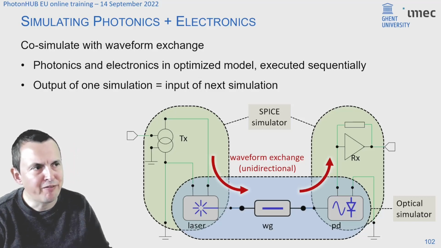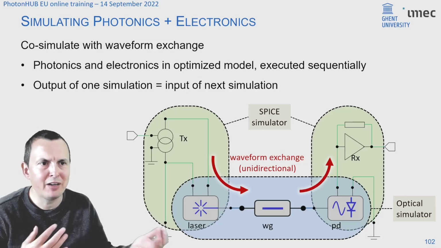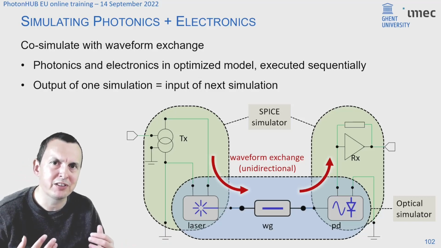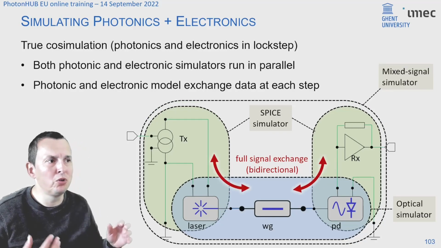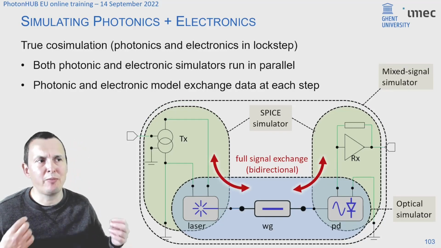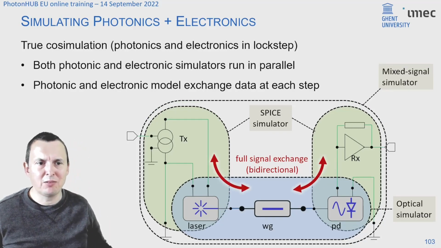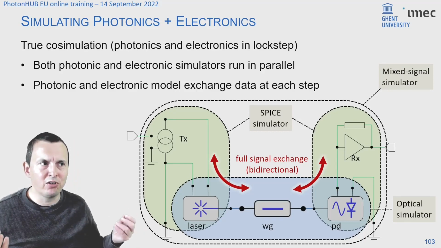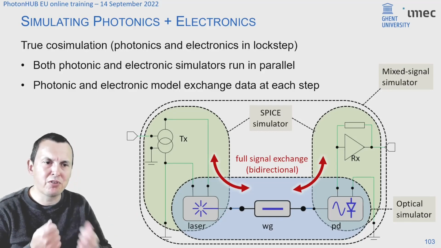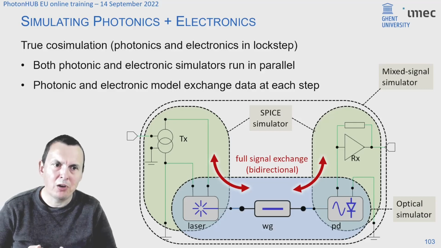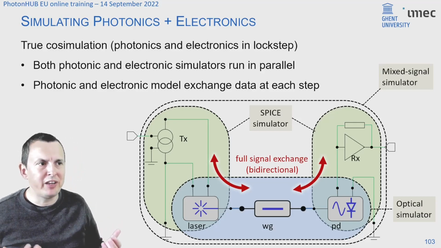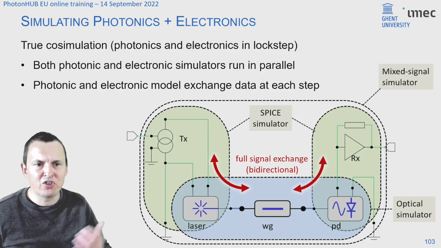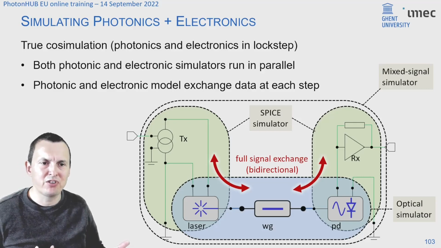However, the moment you have feedback loops that go back and forth between your photonics and your electronics, it becomes a bit more complicated. And in that case, you need to move to an implementation that takes a photonic simulator, an electronic simulator, and hooks them together and operates both of them in lockstep. Now, this is essentially mixed signal simulation. It's a technique that's already in use for combining digital and analog electronic simulations.